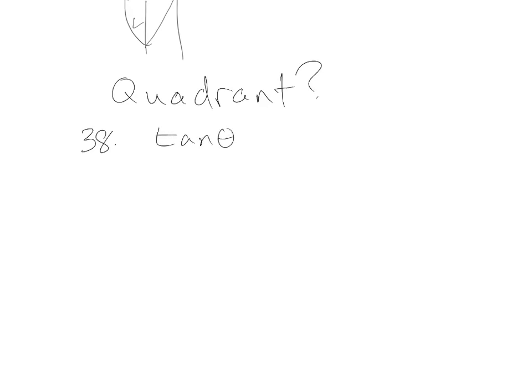Tangent of theta is negative, and the sine of theta is also negative. So, where am I? Tangent is y over x. It has to be negative, which means one of them is negative, y or x, not both of them. The sine is the y value.